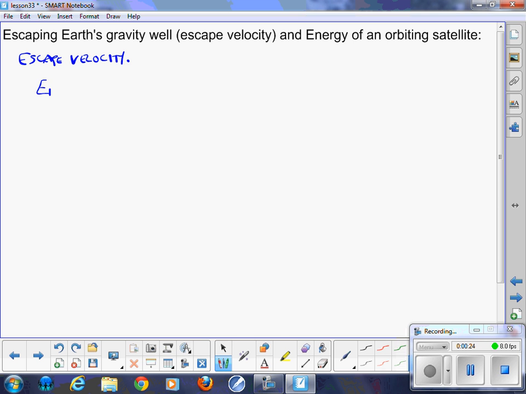In order to escape Earth's gravity, if you want to figure out what velocity we're dealing with for escape velocity, EK will need to be EG. So that's 1/2 mv squared is going to have to equal GMm over r.